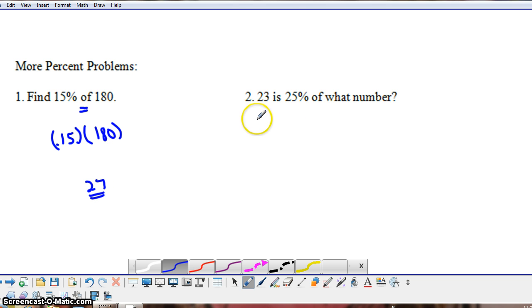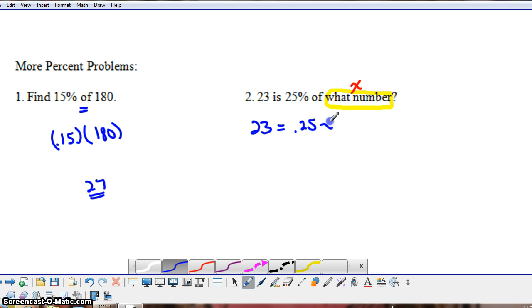Over here, we're going to write an equation. 23 is 25% of what number. So the of what number portion here, I'm going to use the variable x to represent the number. So 23 is 25%, I'm going to write this as a decimal, 0.25, of what number?